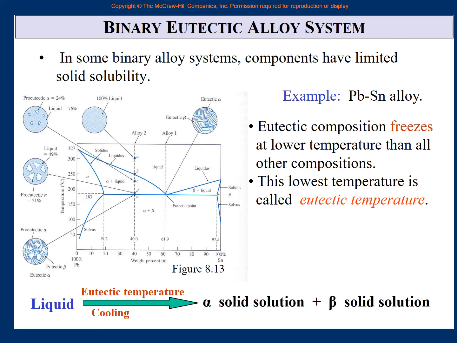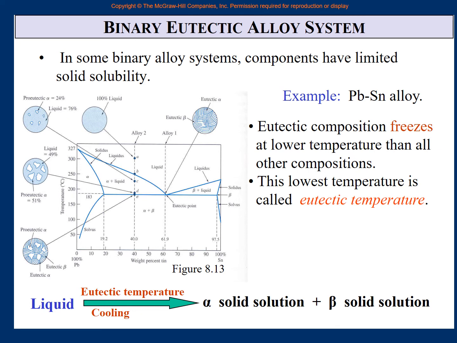Now we are starting a totally different topic. So take a little 5-second break. Until now, what was the topic? The whole topic was binary isomorphous alloy system. There are two metals, or a metal and a non-metal, which is making the alloy system.